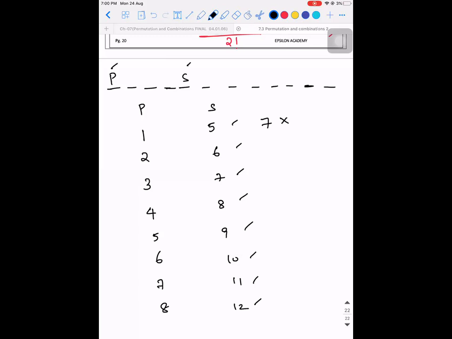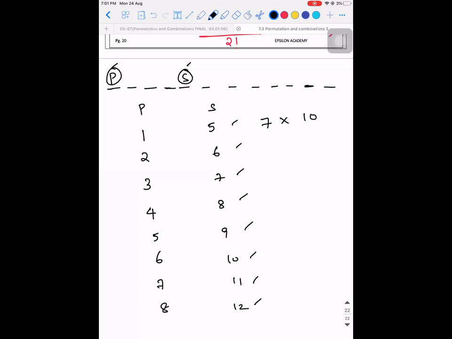Now, how many letters do I have in my hand? How many blank positions are left out, except this condition? P is 1 letter, S is 1 letter. So how many blank spaces do I have? 10, sir.